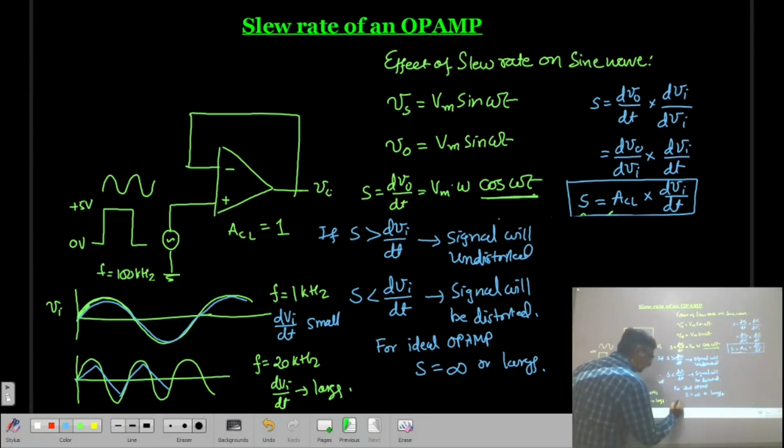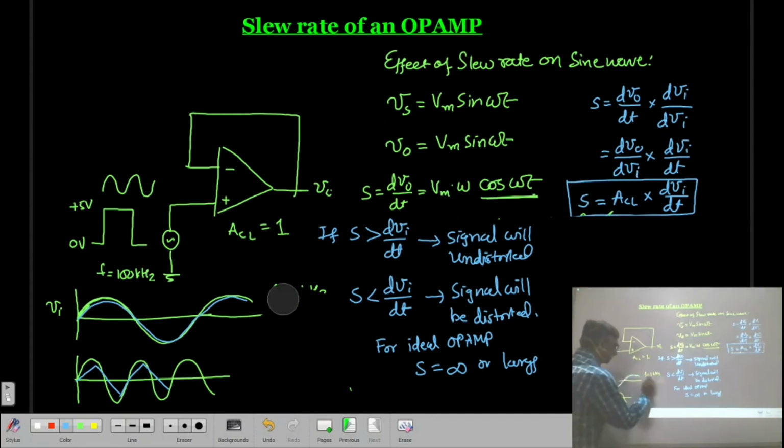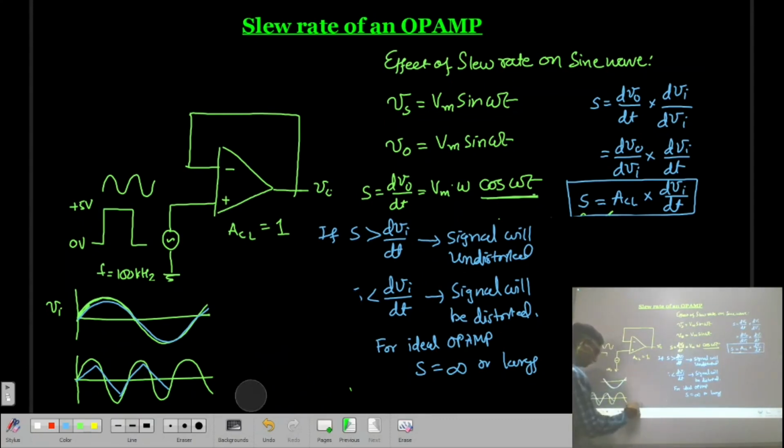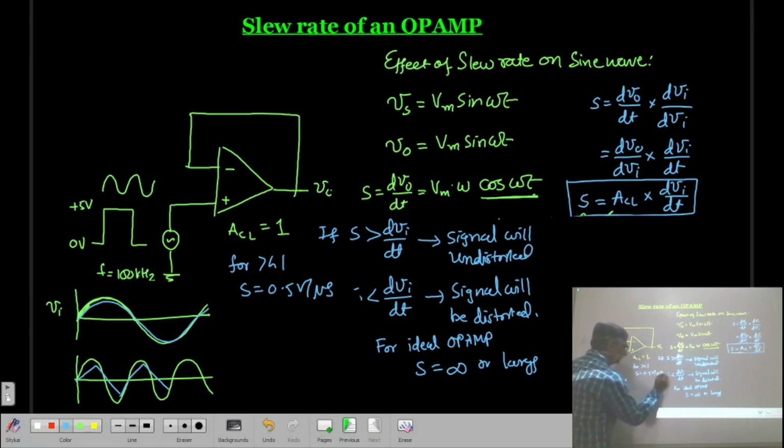For the 741, we have seen the slew rate S is 0.5 volt per microsecond.